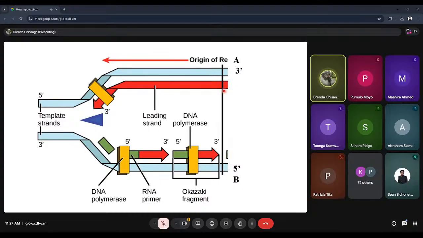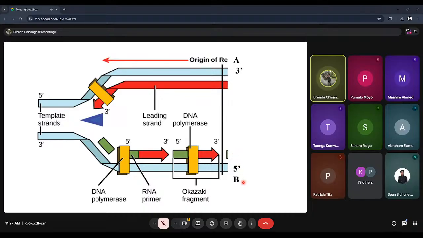Then I know this is the leading strand. Either way, you must be able to identify which one is the leading strand. At this junction, this is a 3' end, meaning I can have a new strand moving from 5' to 3'. This strand is synthesized in the same direction as my replication fork. This is referred to as the leading strand.